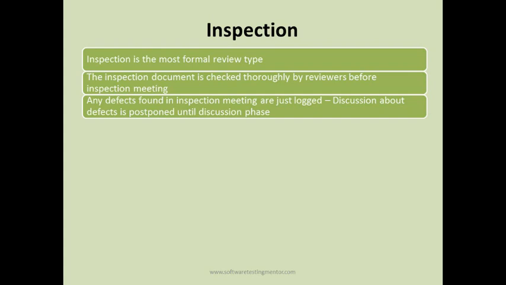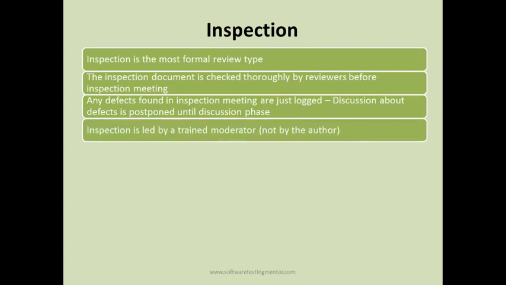This inspection meeting will have 3 different phases: logging, discussion, and then decision phase. So inspection follows all that process, the formal review process. Any defect found in the inspection meeting is just logged, and discussion about it is postponed to the discussion phase.